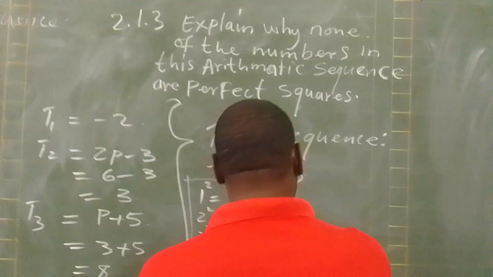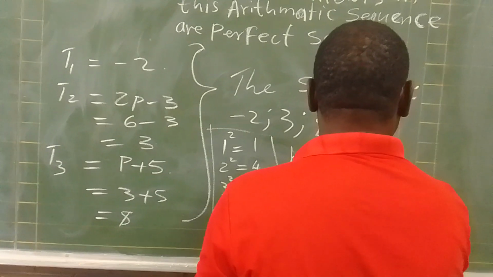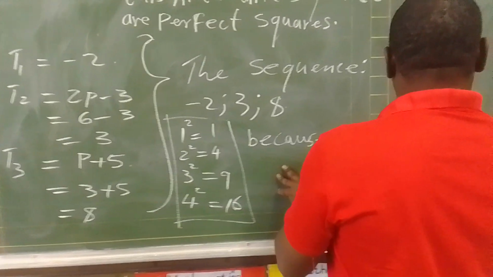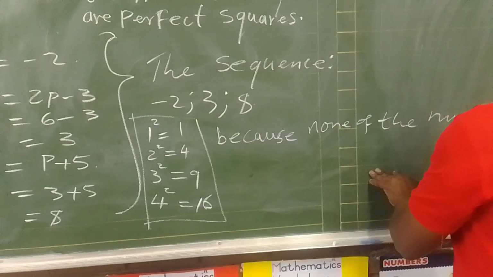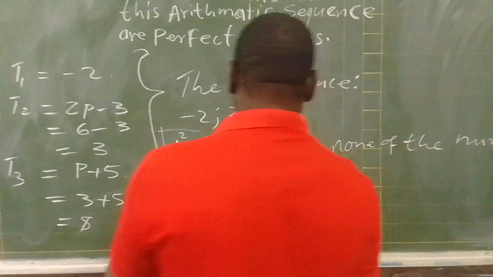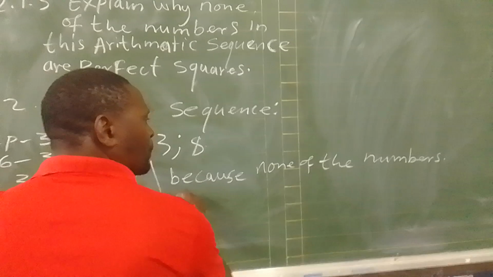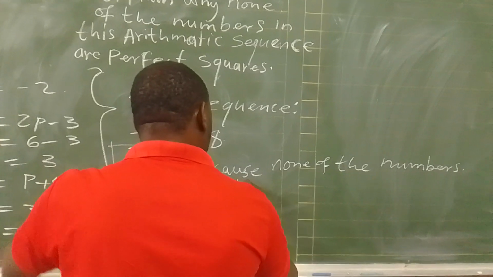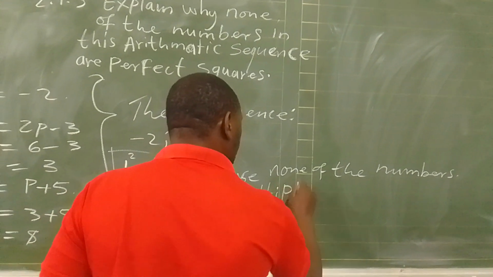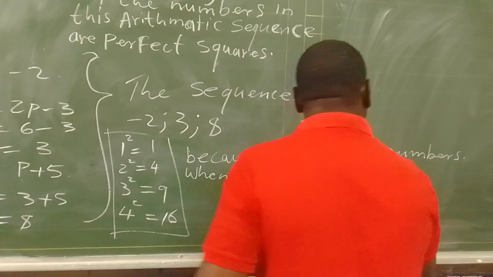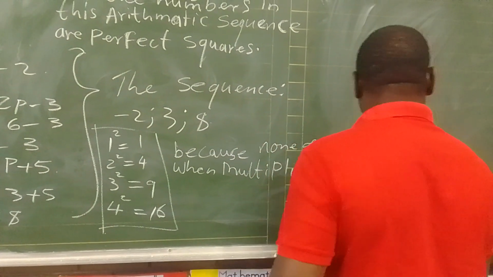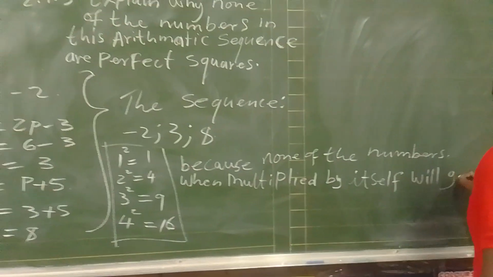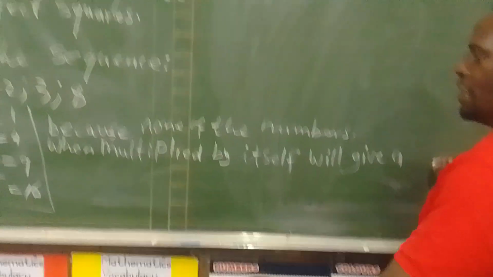So to explain why: because none of the numbers, when multiplied by itself, will give a perfect square.